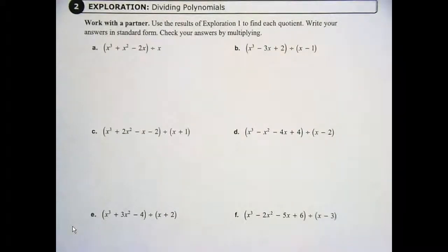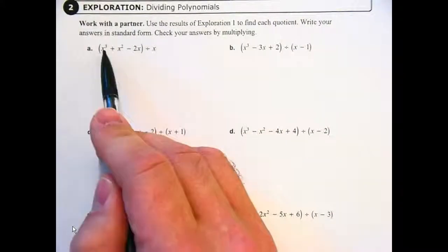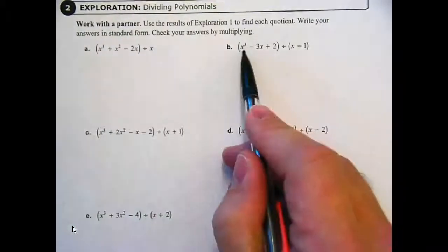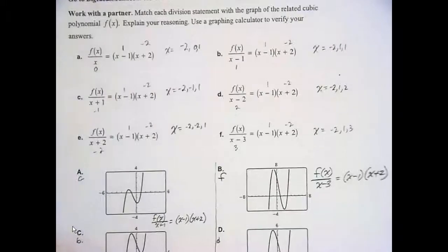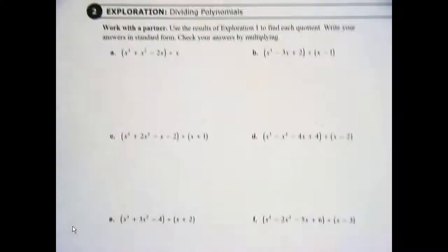Write your answer in standard form. In other words, when I divide this expression by x, what will it give me? When I divide this expression by x minus 1, what will it give me? It's saying to use the information that you gleaned off of Exploration 1. Let's see if you guys can match those up and figure out how all that works out. Work with your groupie there.